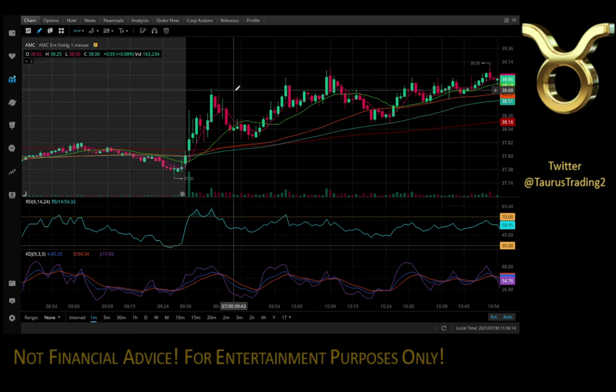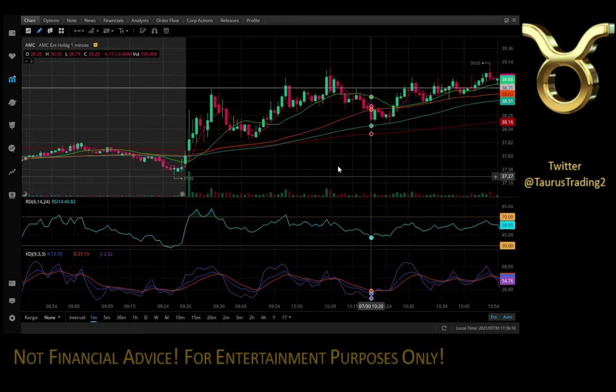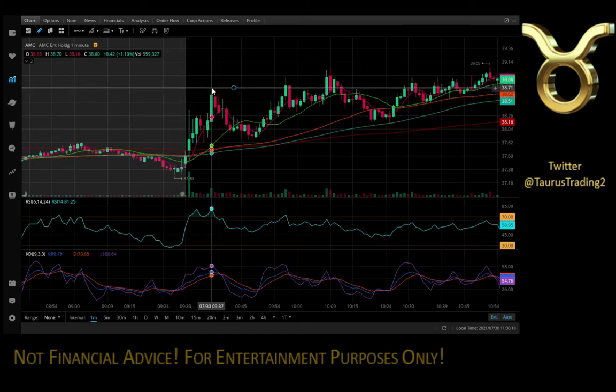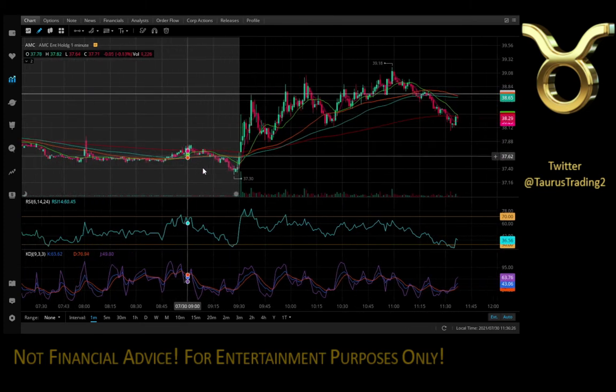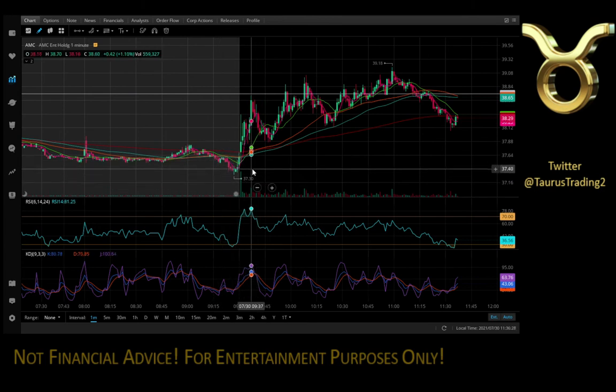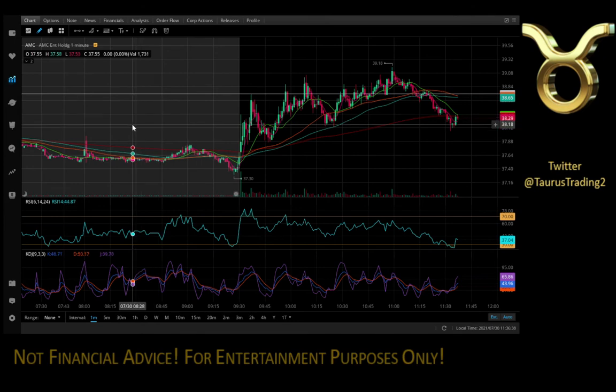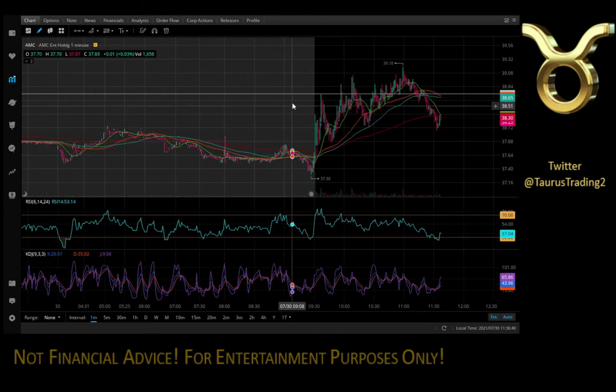Right? That's where it closed last night. Very first thing it did this morning, filled that gap. Okay, every single morning AMC does this. Wherever it closed the prior day, it does not matter where the price opens the next day, it will fill this gap. Maybe not in the first 3 seconds, but it will every day fill this gap.